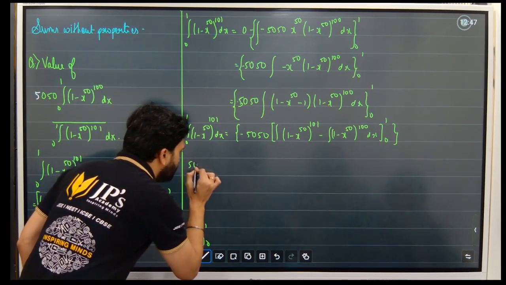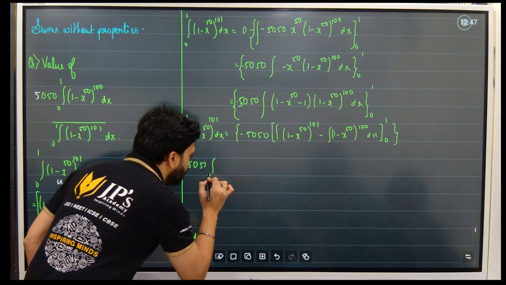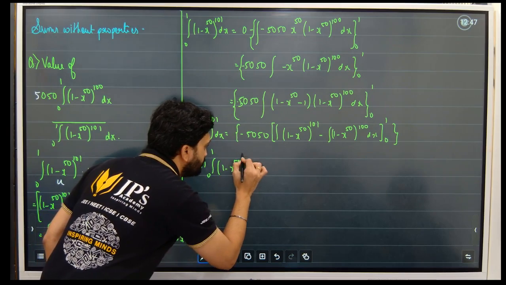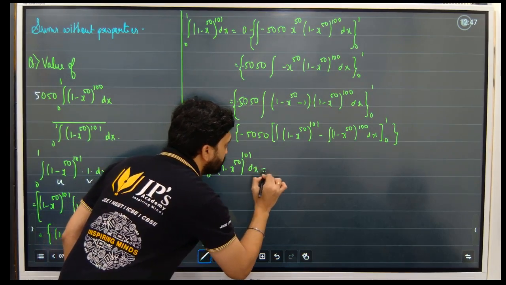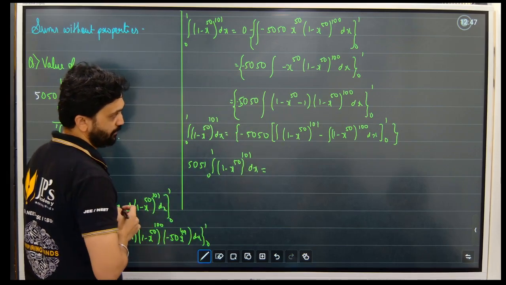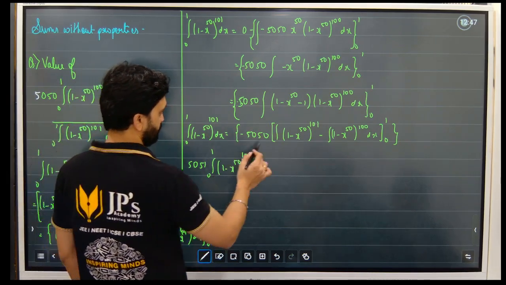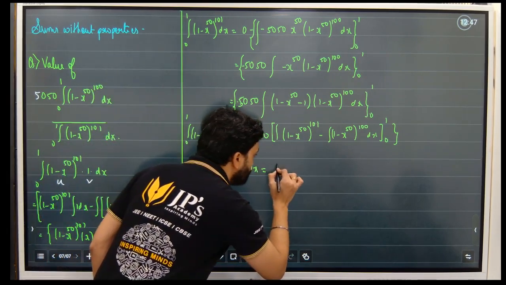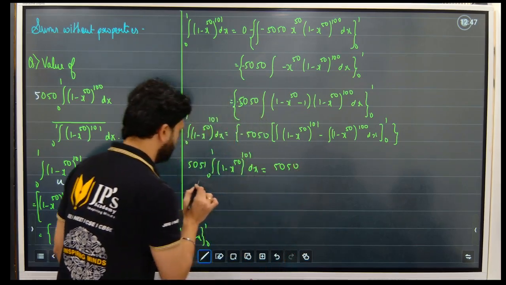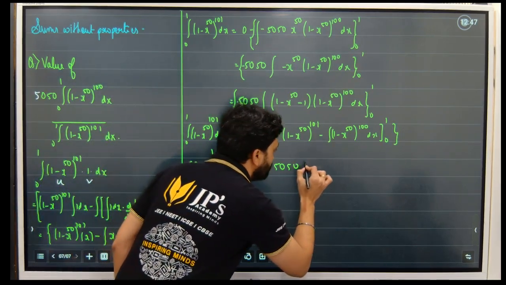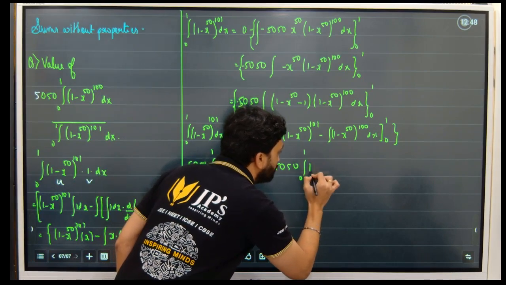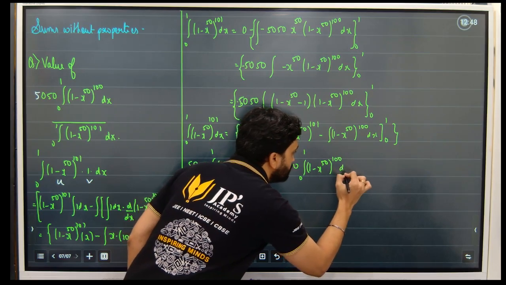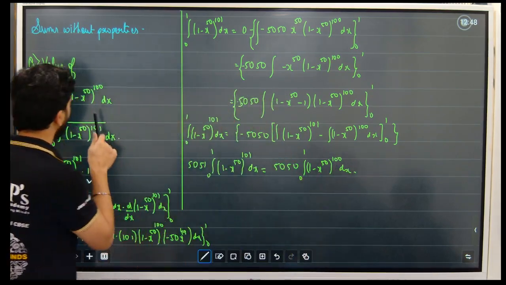It will become 5051 integration 0 to 1, (1 minus x raised to 50) raised to 101 dx is equal to, and if I open the bracket, I will get minus 5050 with both, so it will become 5050, so it becomes 5051. This will be 5050 integration 0 to 1, (1 minus x raised to 50) raised to 100 dx. See, I have to find the value of this.